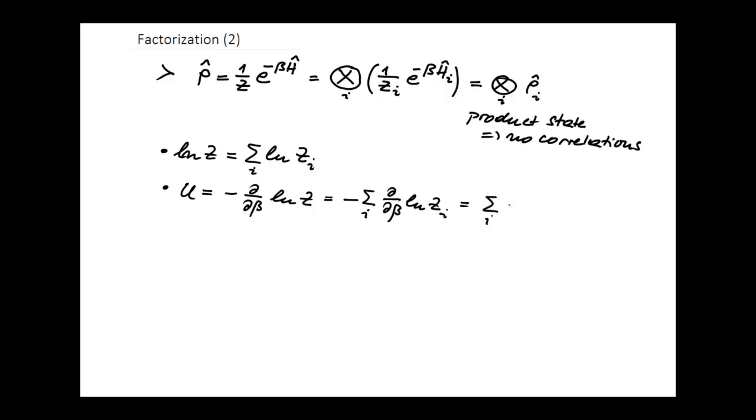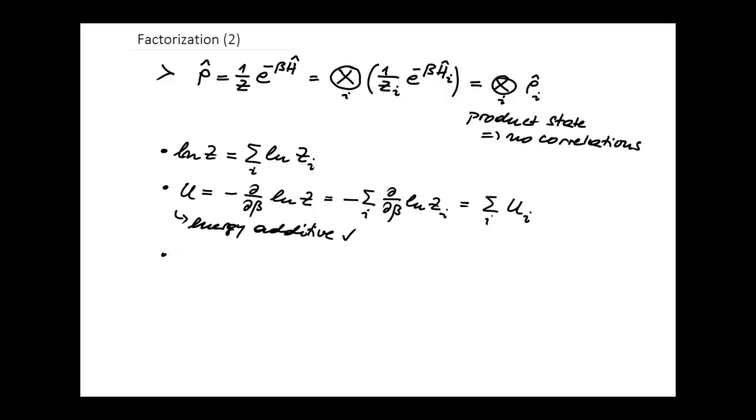So this is the internal energy of the ith part of your system. So you find, which is also very intuitive, that the internal energy is additive. The energy of the total system is just the sum of the energies of the parts.